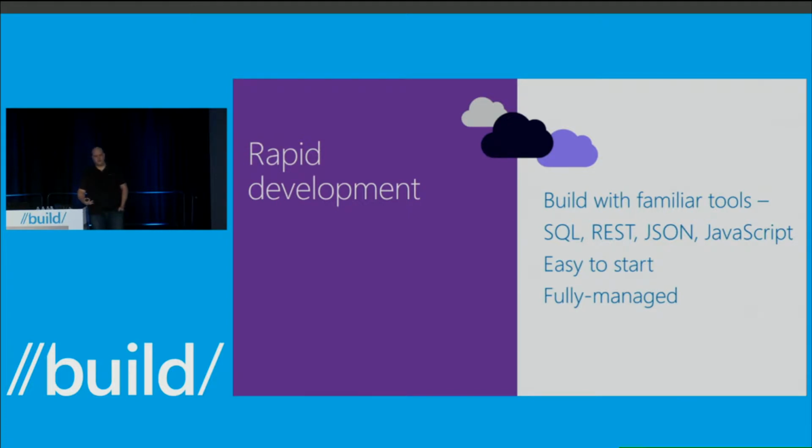And then really with Azure Document DB, it's this document database thing. It really is about rapid development, right? We took a couple of bets when we started out. We said, how do we get developers to start using Document DB as quickly as possible? And the easiest way was to give them tools that they're familiar with, okay? So don't invent a new query language that you have to learn. Don't invent a new protocol.